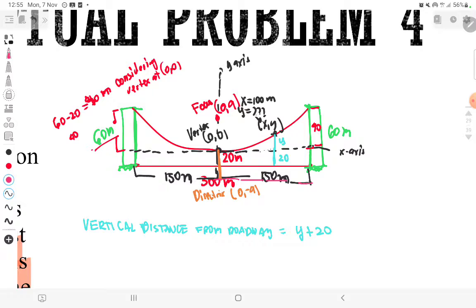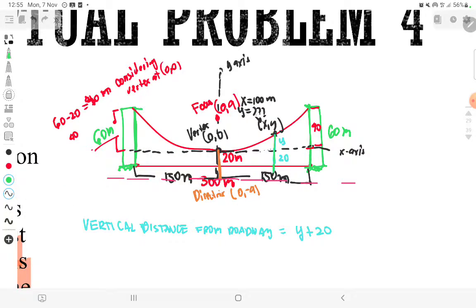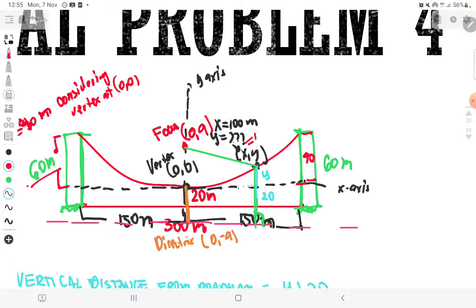So I will create my directrix, and then go back to my equation, wherein the distance from our focus is equal to this perpendicular distance. Now our x is equal to 100.